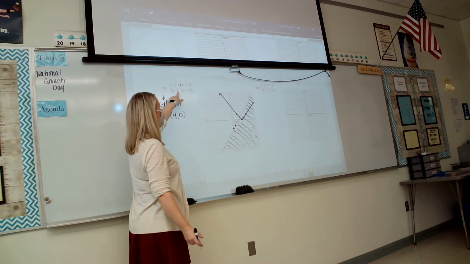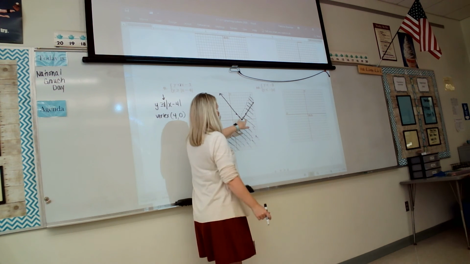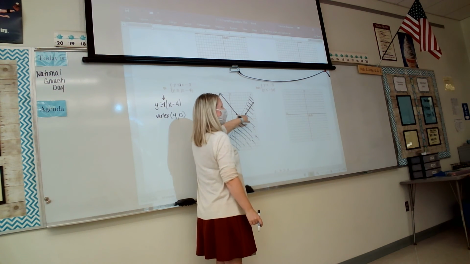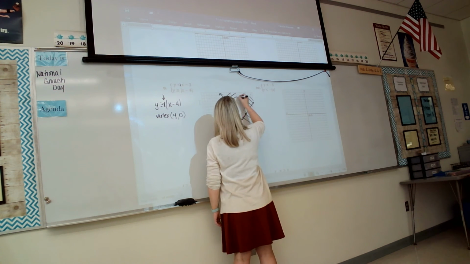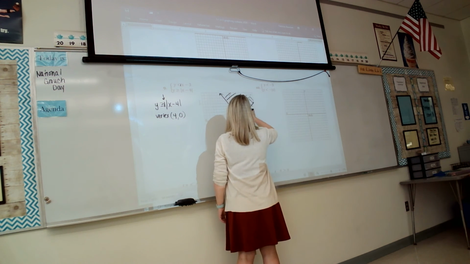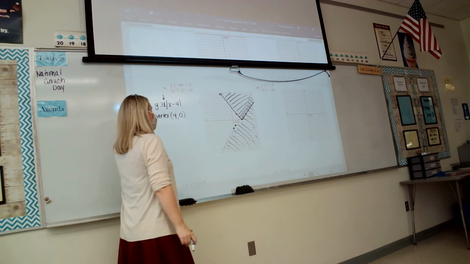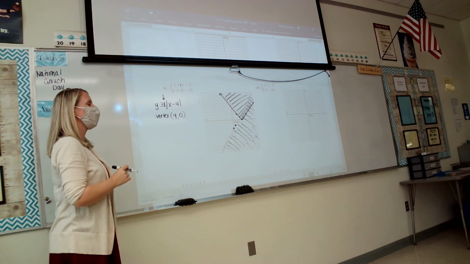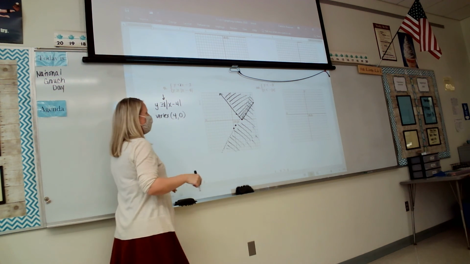Y is greater than or equal to the absolute value. My V, greater than, is going to be above the V. So I'm going to shade everything above the V. You do just want to make sure it's obvious because sometimes we get all sorts of crazy. Your actual answer is where the two shadings are meeting.